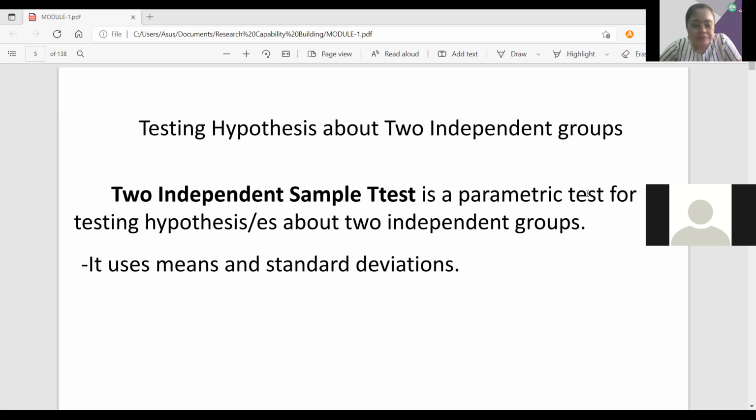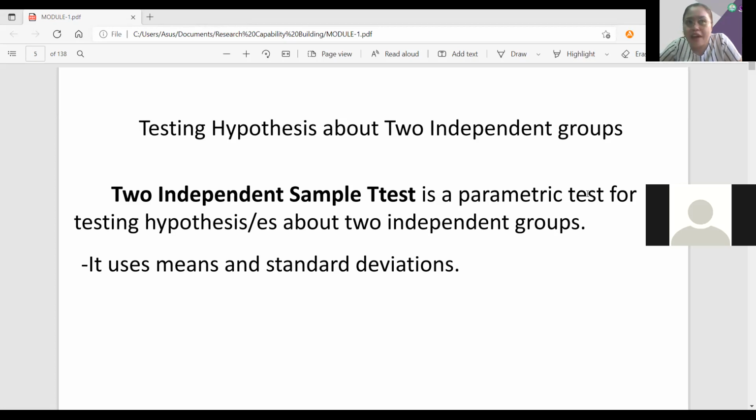Now, under the testing of hypothesis, we will be doing inferential statistics here. So hindi lang siya descriptive statistics. Remember, descriptive statistics is just purely describing the data, or you may just summarize the data.